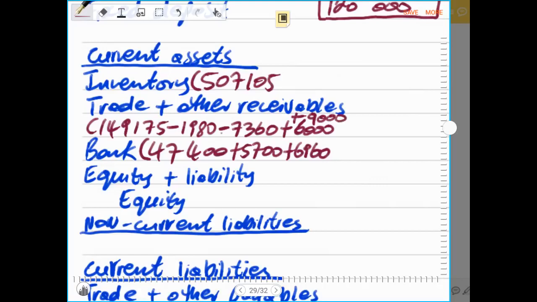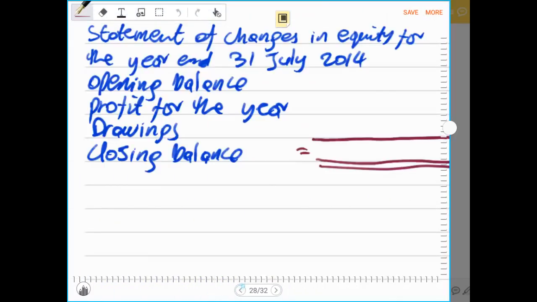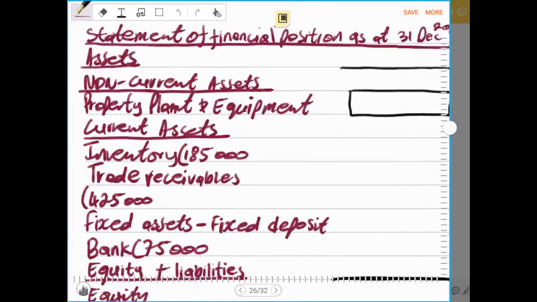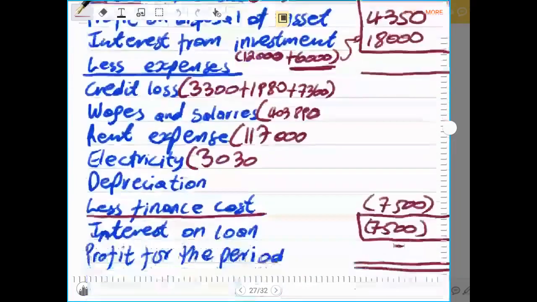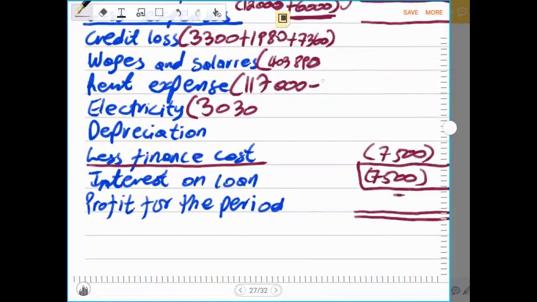We add that because it is prepaid or paid before time. Then now we have to record that again in the income statement, because any prepaid expense by the end of the year must be removed from our expenses, minus 9,000 rands, because we don't need any expense for next year in the current year.